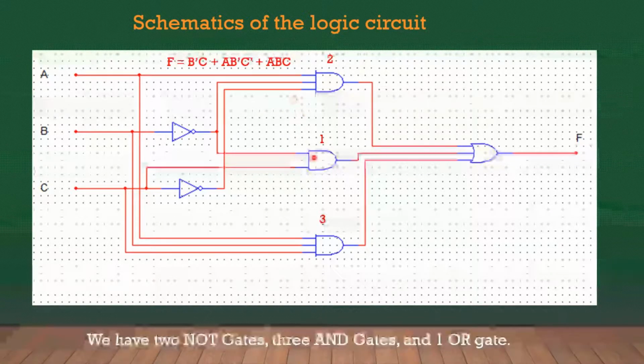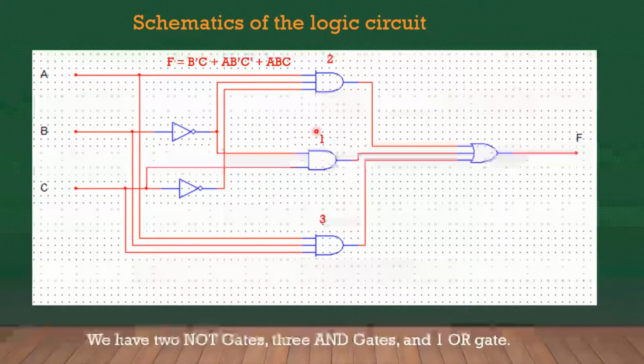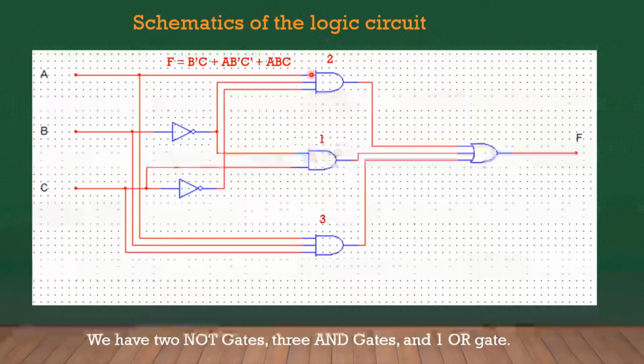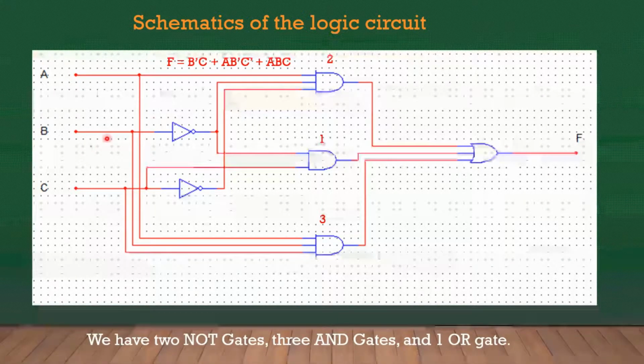For gate 1 we have B not and C: input B not goes to gate 1 and input C goes to gate 1. For gate 2 we have A, B not, C not: input A goes to gate 2, and B not and C not.